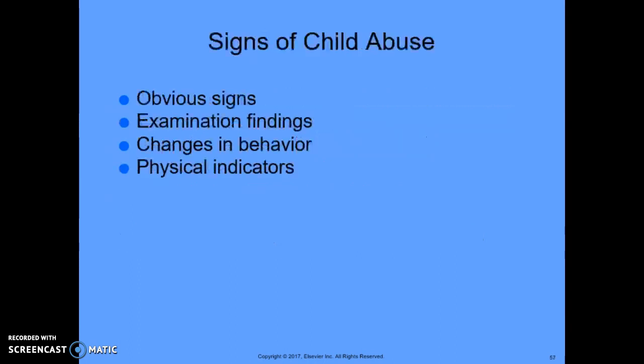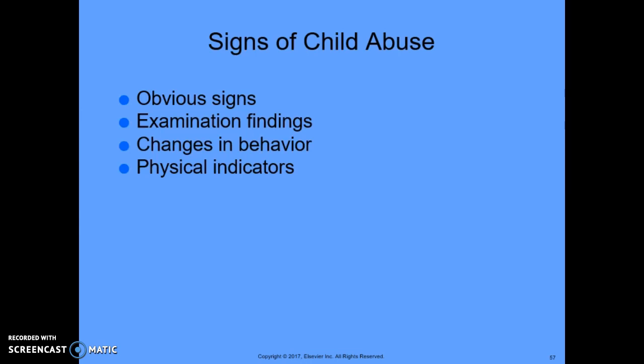So some obvious signs you can actually see: injuries to the child, examination findings, something that is found during the child's examination, changes in behavior of the child, and any kind of physical indicators.